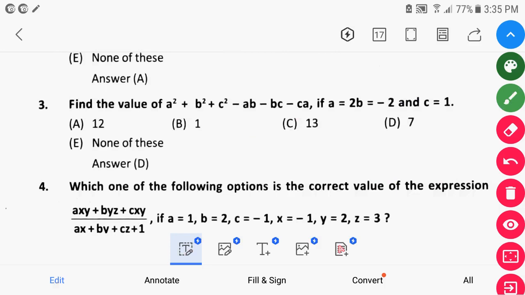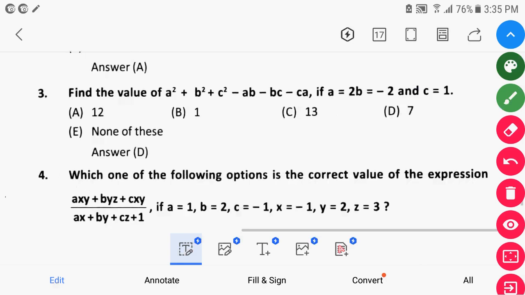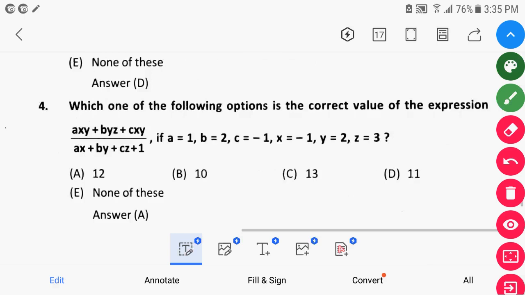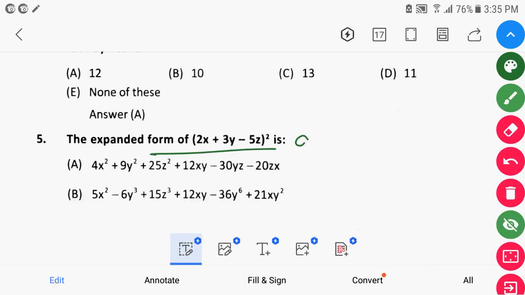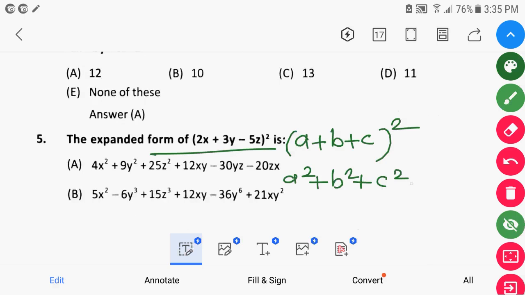Now the next one, the expanded form we have to find. Here also you can directly put the values. Now here you have to find the expanded form. Just now I told you the formula. If a plus b plus c is there and it is in the square, then what is the formula? A square plus b square plus c square plus 2ab plus 2bc plus 2ca.